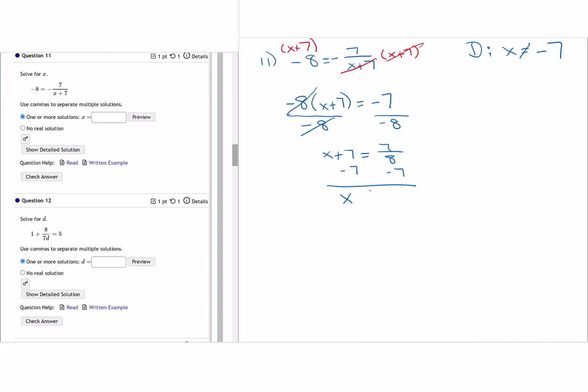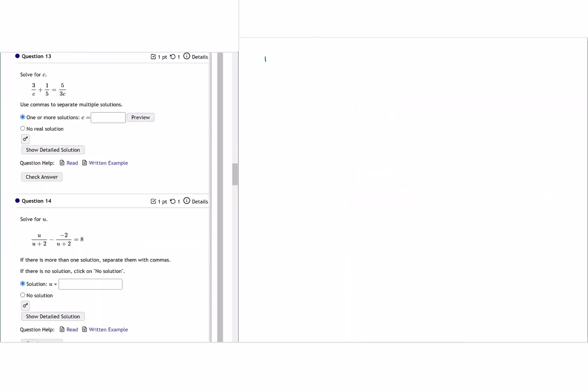This is x equals 7/8 minus 7, which equals 7/8 minus, multiply the 7 times 8, I get 56/8, which equals -49 over 8. And that is my solution.